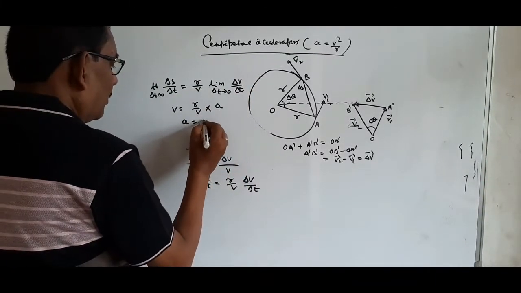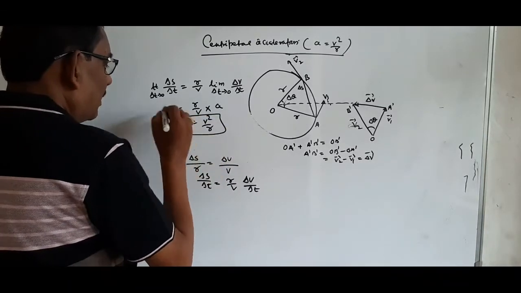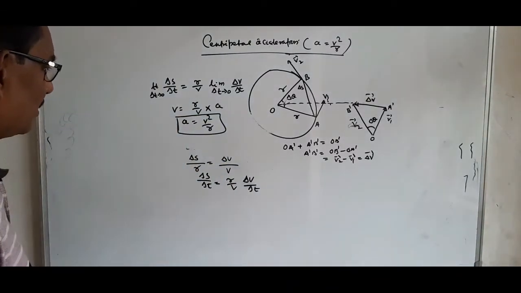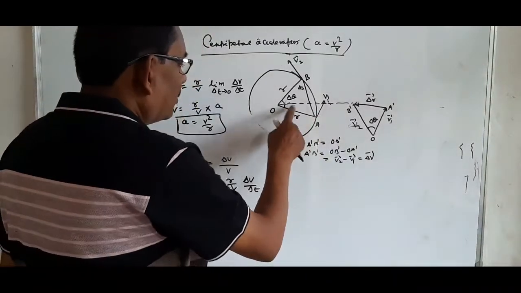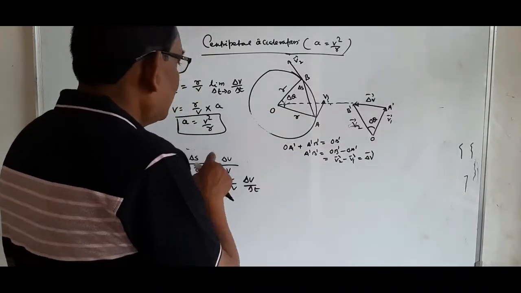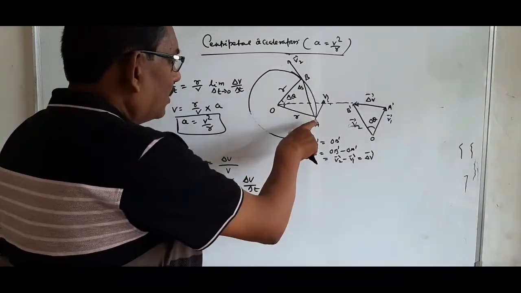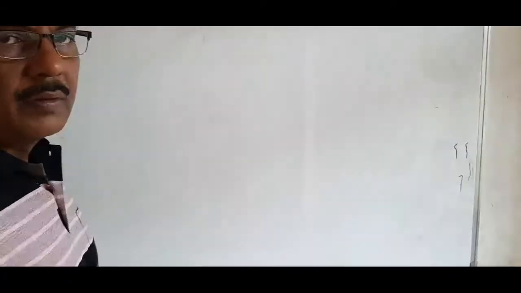So a is equal to V square by R. It is your centripetal acceleration, and this acceleration is always directed toward the center of the circular path, along the radius and perpendicular to the direction of velocity. Clear?